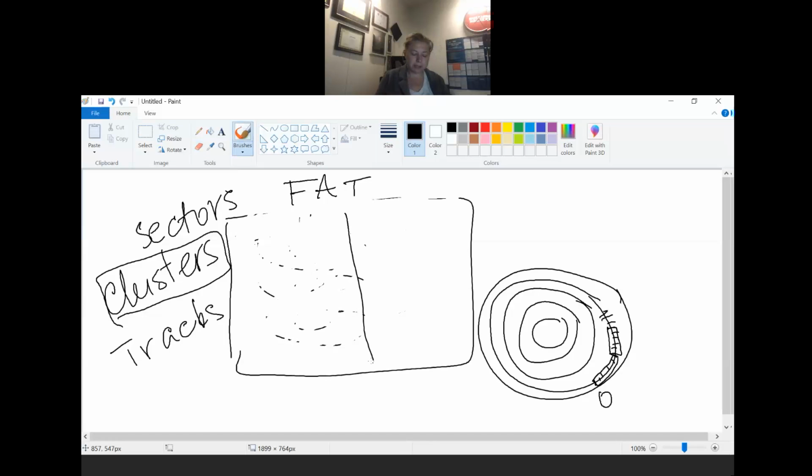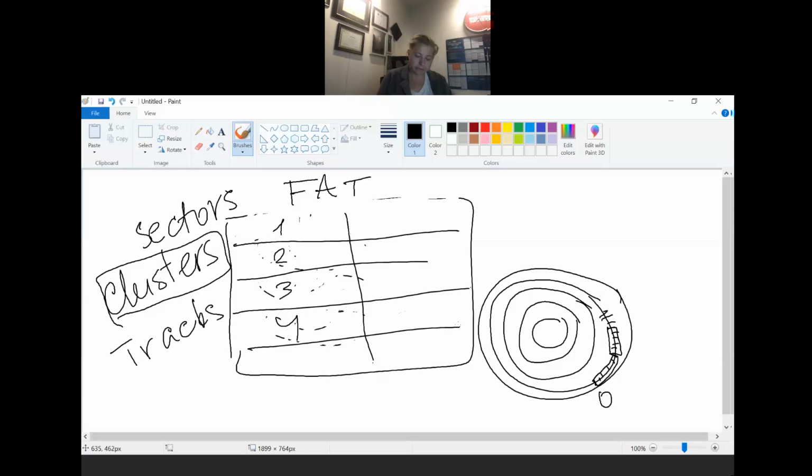Okay, so we have a file allocation table where information about each individual file chunk will be written into the table. For example, these are our cluster numbers, and each cluster gets assigned what type of information we are keeping there. So for example, we have text.txt, text.txt, and here we have something else.